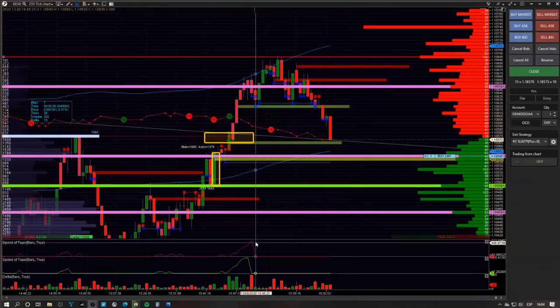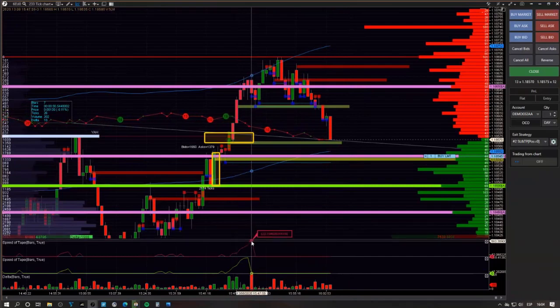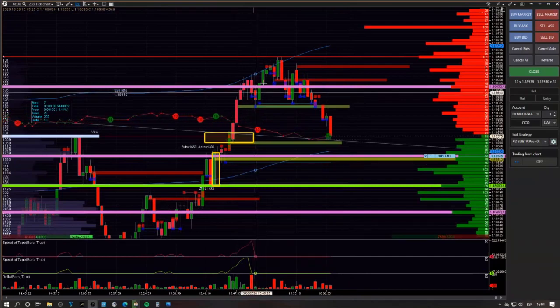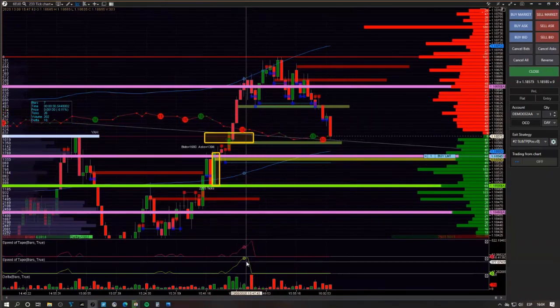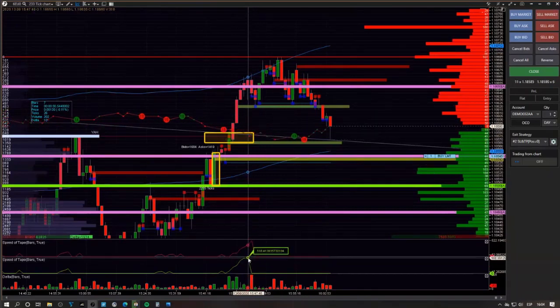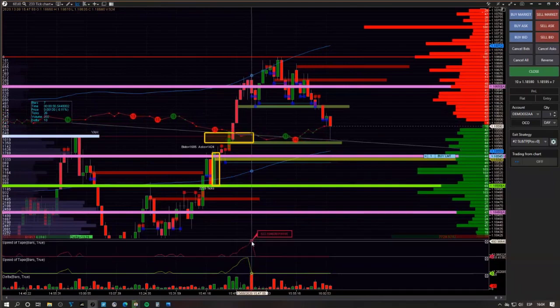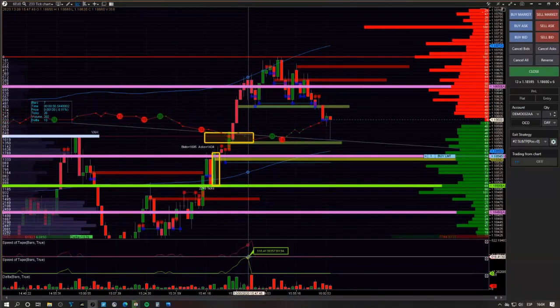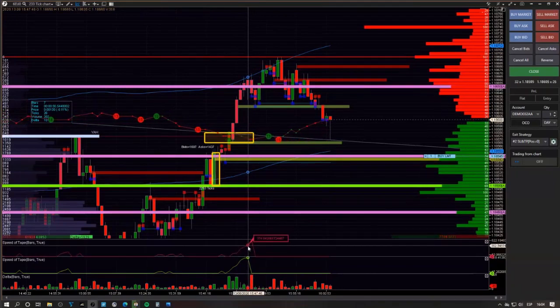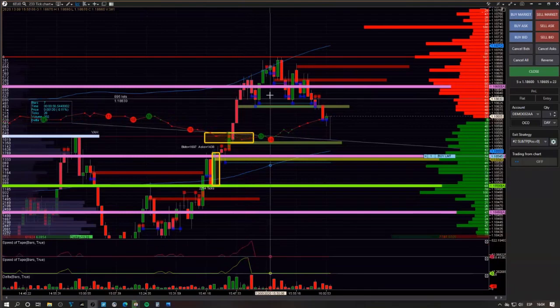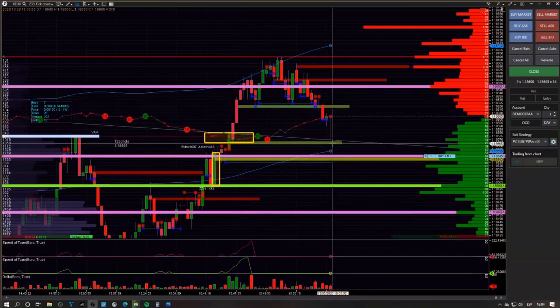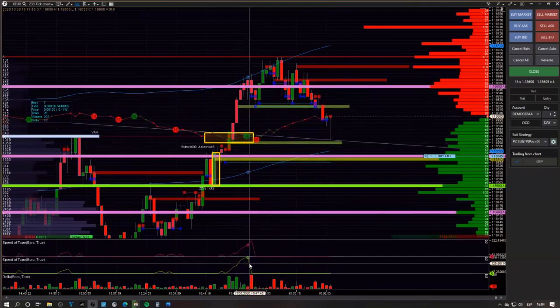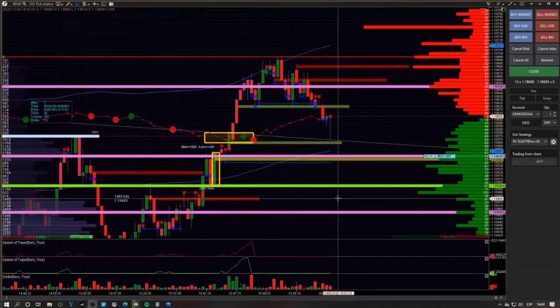We can see here, for example, that the sellers are being very, very aggressive in this area. The buyers were aggressive too, but not as much as the sellers. So this might be a warning telling us, hey, don't buy. Just wait for a confirmation on the buying side.